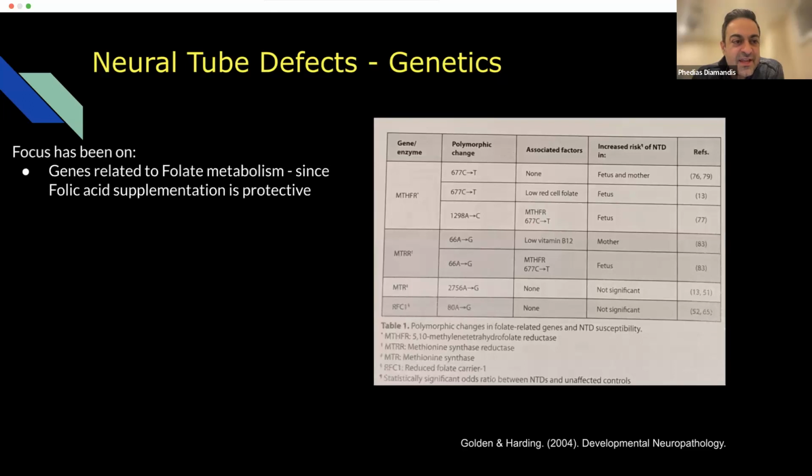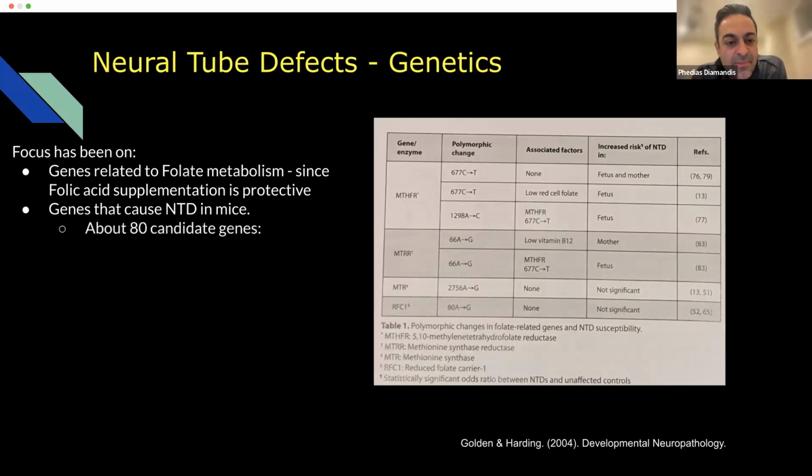So genetics, again, the focus has been on folate metabolism since the association with folic acid supplementation being protective was identified. And a lot of these genes are just part of that pathway that we saw. There are, however, other genes. If you do genome-wide knockout studies in mice, there are about 80 candidate genes that lead to neural tube defects in mice.